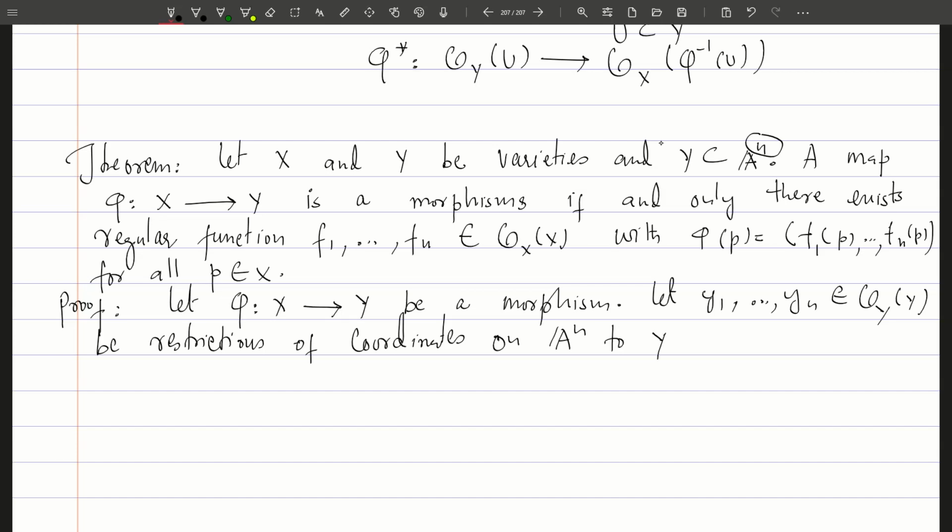That means any yi, when evaluated at some point of A^n, gives the ith coordinate of that point.